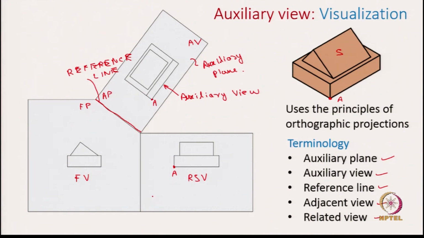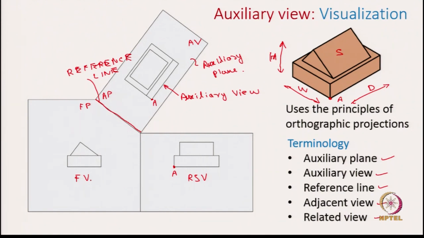You will notice that both the auxiliary view and the right side view will capture the depth of this object. Let us say this is the height of this object, this is the width of this object, and this is the depth of this object. This we also discussed in the lecture on orthographic projections, that two of these views will share the same dimension.